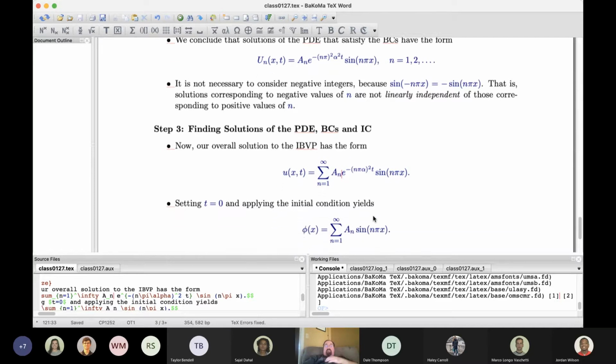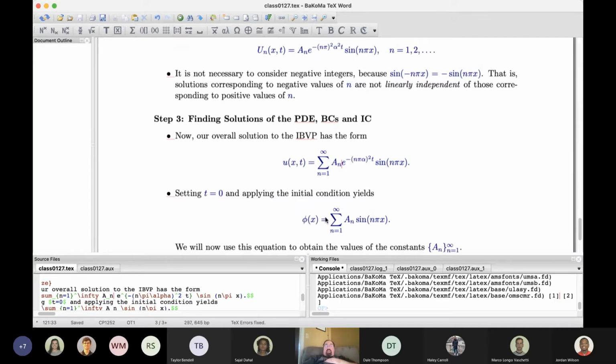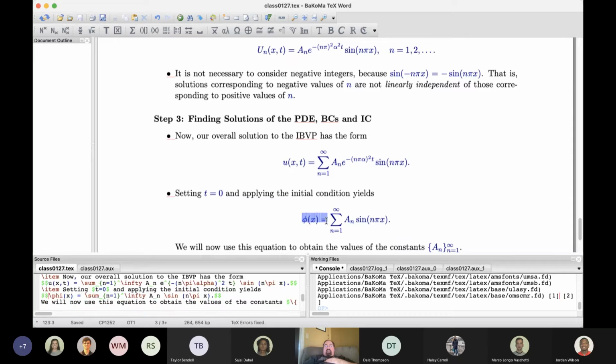When we plug in t equals 0, the exponential goes away, and u of x, 0 must be equal to phi of x by the initial condition. So our coefficients a_n now have to satisfy this. How are we going to get coefficients to ensure that this is satisfied?